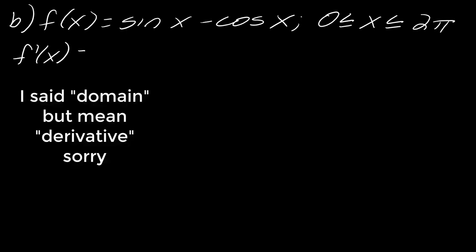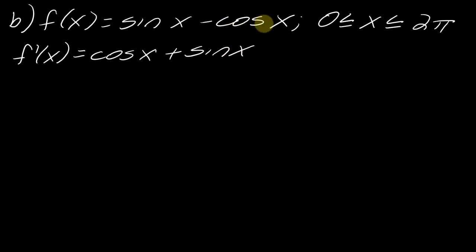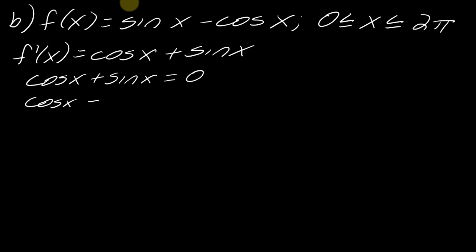So my function in this case is going to be cosine of x plus sine of x. Remember, the derivative of cosine is negative sine, so this will become positive. If I set this equal to 0, you get cosine of x equals negative sine of x.